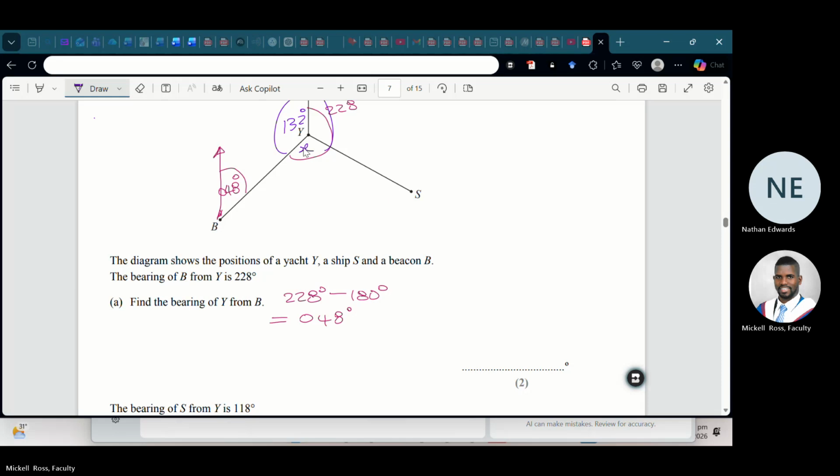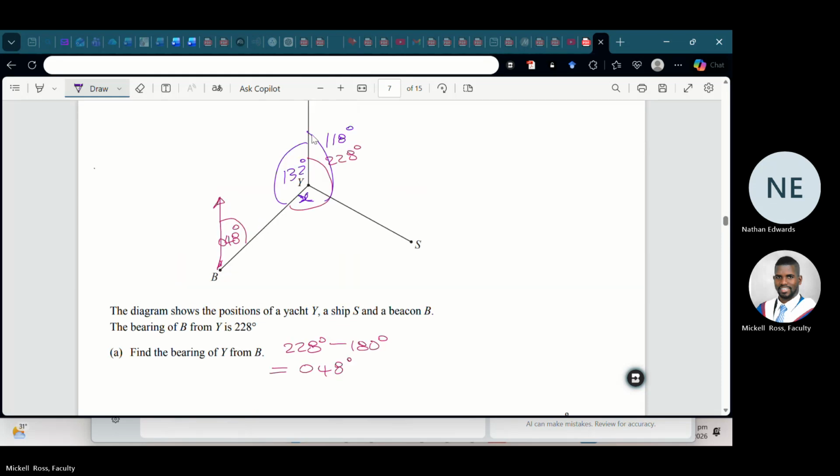So we have 118, we have 132, so we need the remaining angle right here. So that means X is going to be equal to 110 degrees.